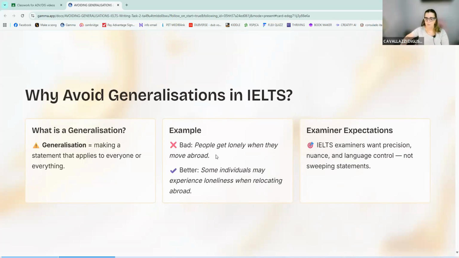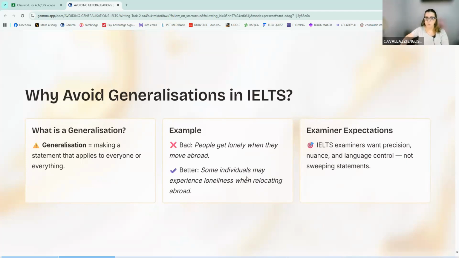Here's an example. People get lonely when they move abroad. How can we make this more accurate? Because not everyone feels lonely just because they move to another country, right? So in order to be careful and to prevent any misunderstandings, we really have to avoid making that particular statement.